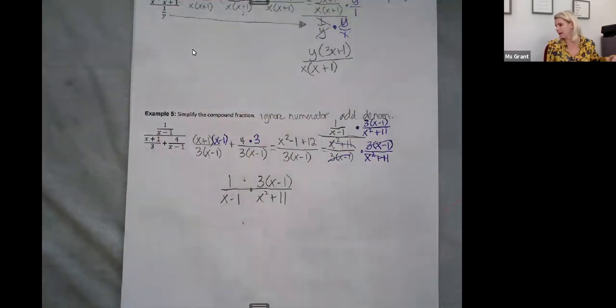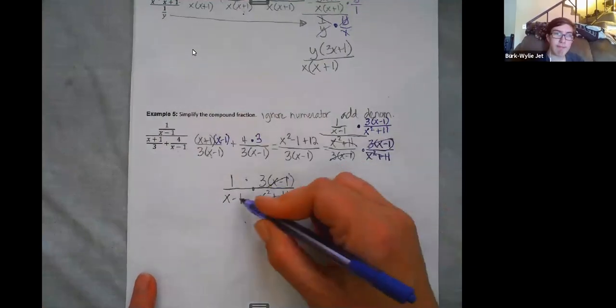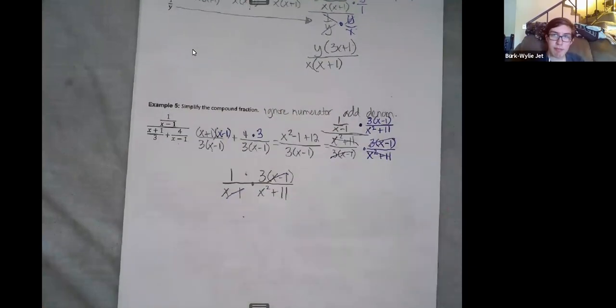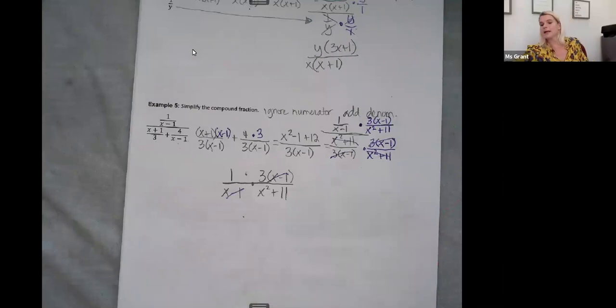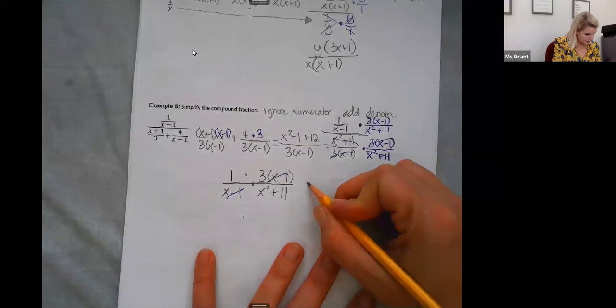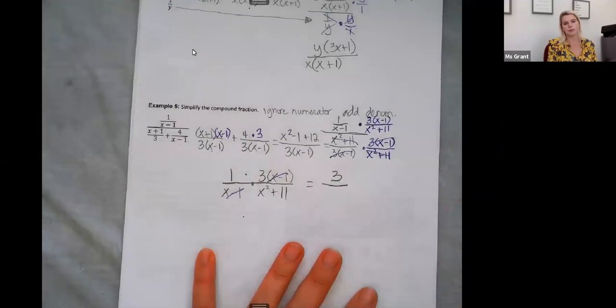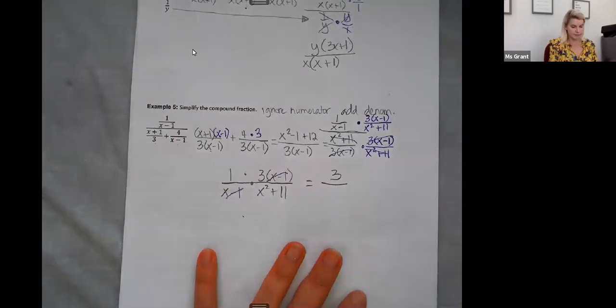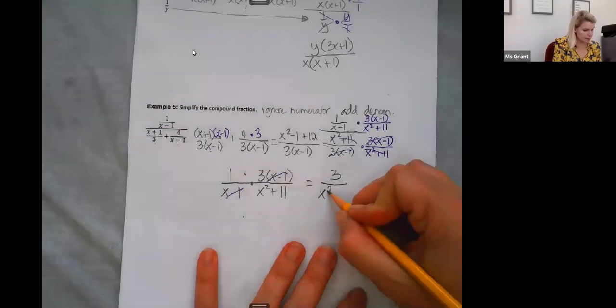Oh, x minus 1, x minus 1. So that means the only thing I have on top is a 3. The only thing I have on bottom is x squared plus 11.